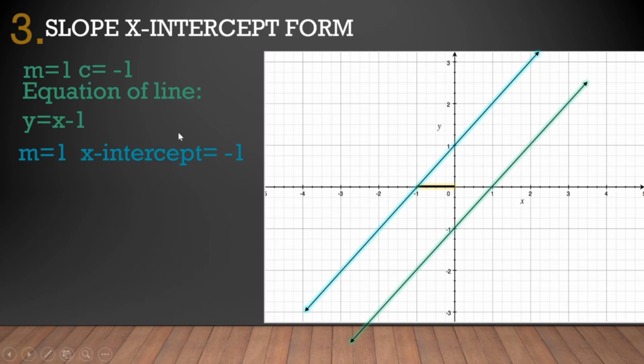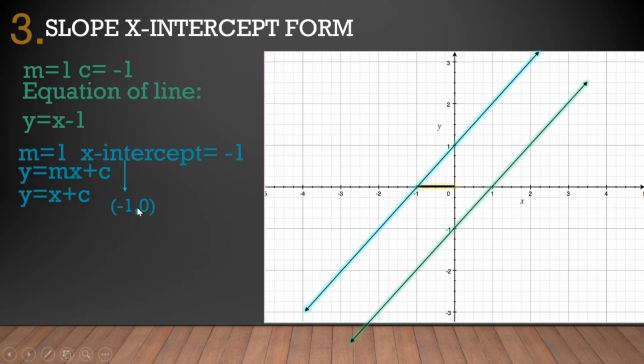First, as you have been given the slope as 1, we can change this equation to this. But we cannot substitute c equals -1 because that's the x-intercept, not the y-intercept. But if you have been given the x-intercept, that means you have been given this point.